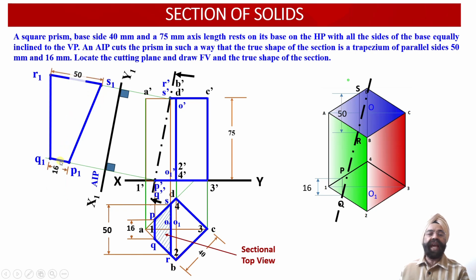This is the true shape projection, where the 2 parallel sides P1, Q1 happen to be 16 millimeter corresponding to this distance, and R1, S1 happen to be 50 millimeter corresponding to this distance.